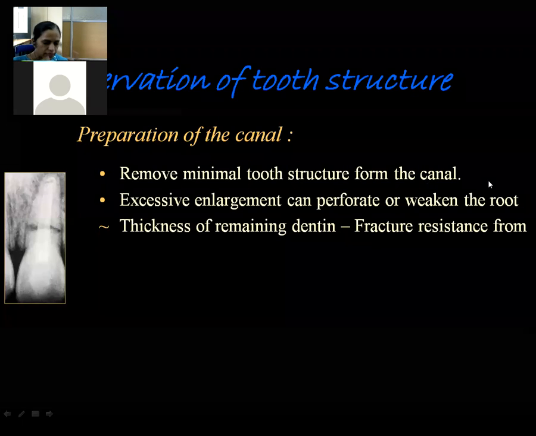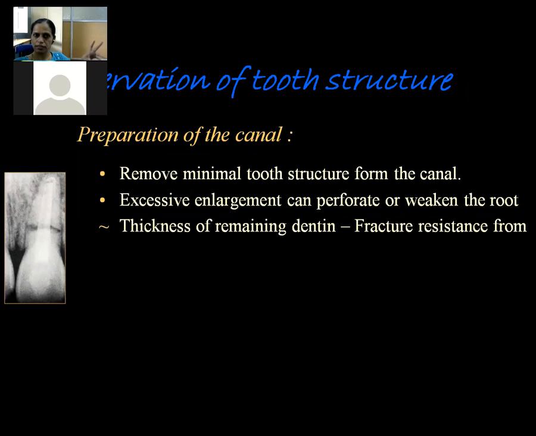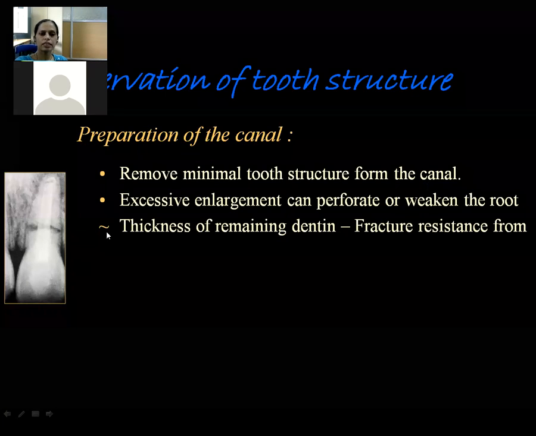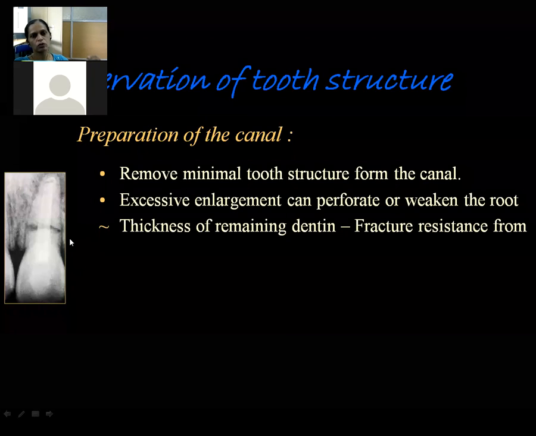Once the GP is removed from the canal, you have to prepare the surrounding radicular canal. While doing this, you have to remove the minimum root dentin from this canal. What happens if you remove extra tooth structure? You will weaken this surrounding dentin, and this will lead to perforation.